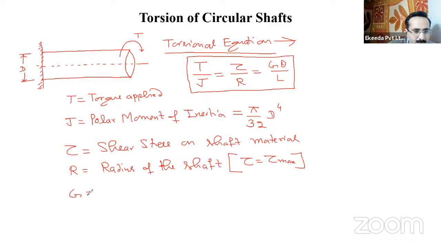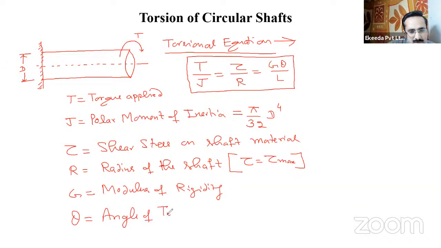G is the modulus of rigidity, and theta is the angle of twist, and L is the length of the shaft.